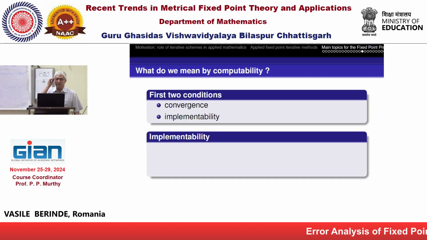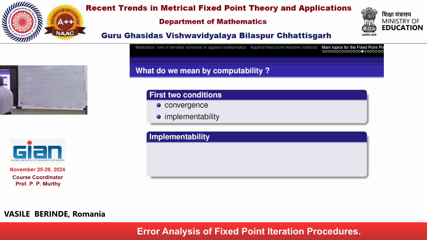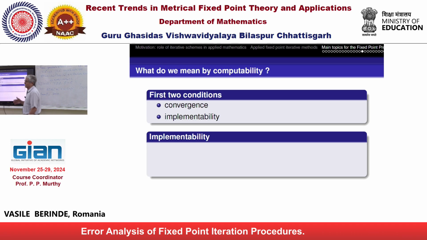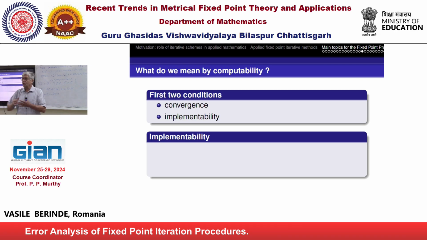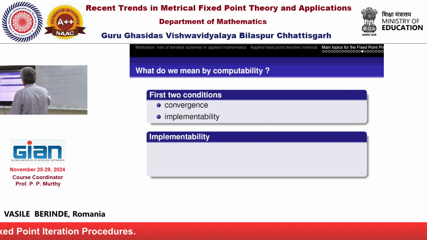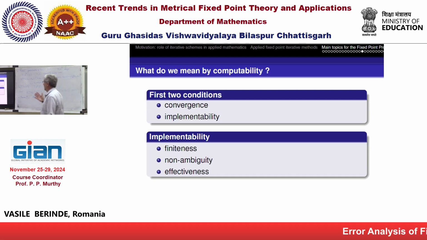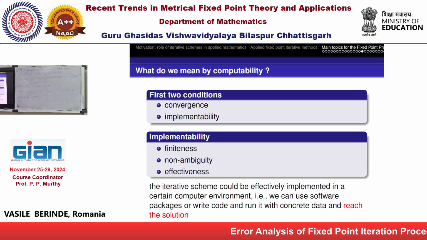It means our algorithm is implementable, so we can implement it in a certain software environment, and then we have convergence. This algorithm is finite, is not ambiguous, and is effective. These are the main properties of computability.